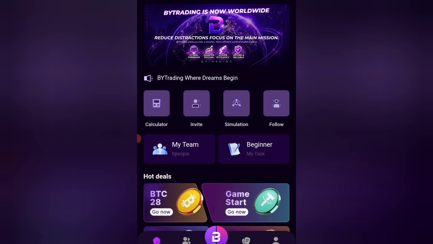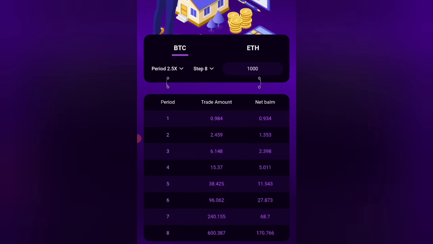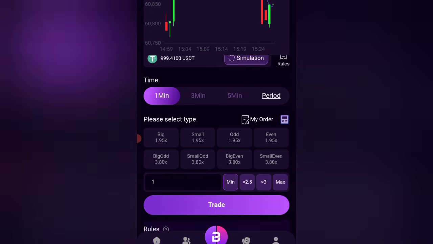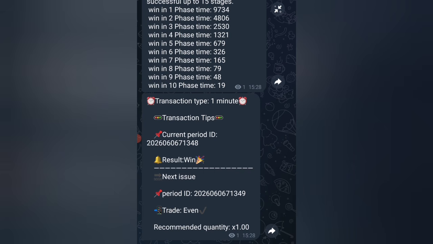So let me check the calculator for the third recommendation in case this one is lost. So the third recommendation is 6.148 and the fifth one is $15. So I can now go back to the BTC 1 minute and see. Okay, that was a win.